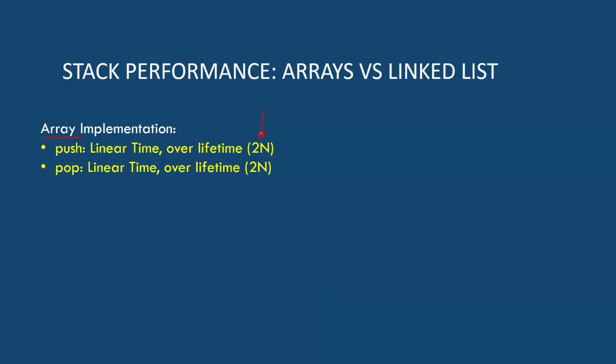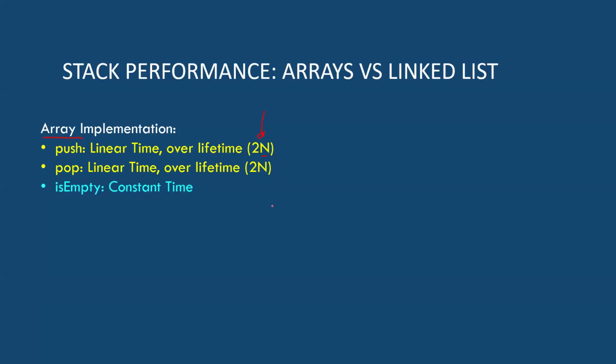Over the lifetime, it's 2n, assuming that the ending size is n. It's a weird way of assessing it, because for the first time we're talking about lifespan, not like, here are some things I need you to deal with. So over the lifetime of reaching n, we've cost 2n if we do a doubling.